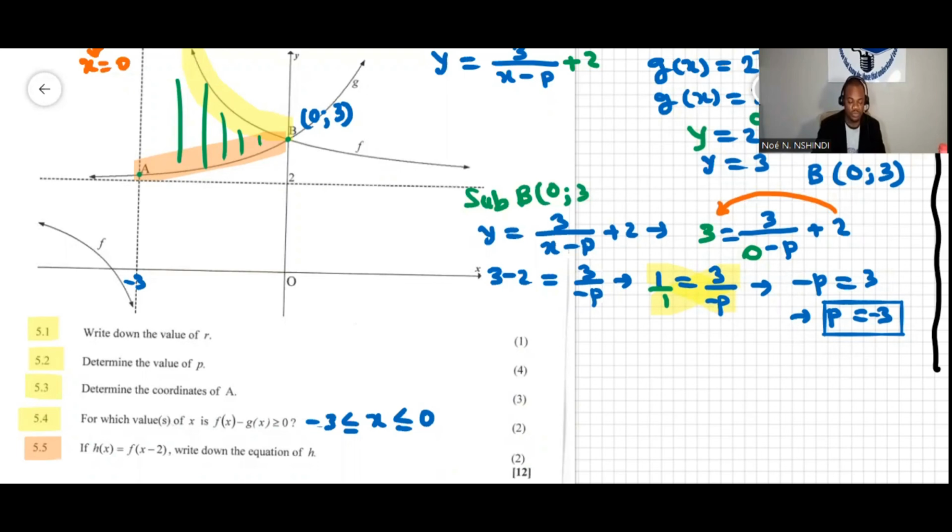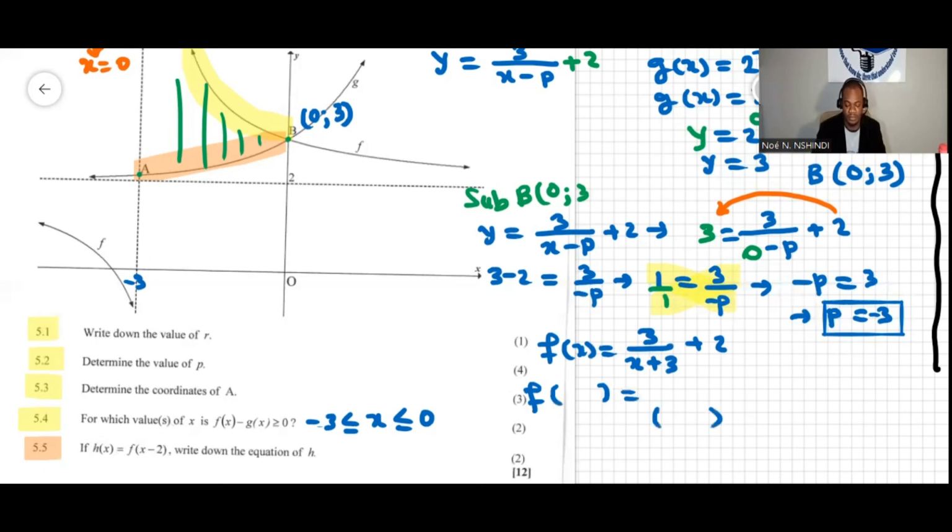So f of x, which was given by 3 over x plus 3, because p is -3, and then plus 2. Now we're going to write f of x minus 2 like this.